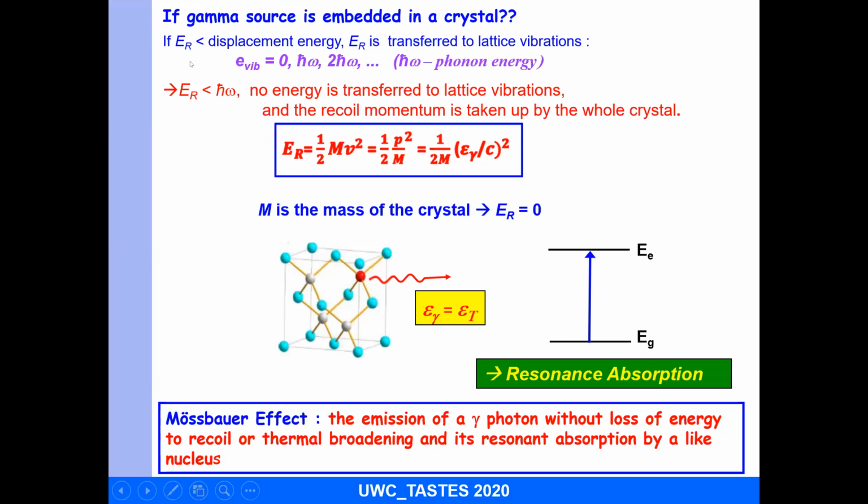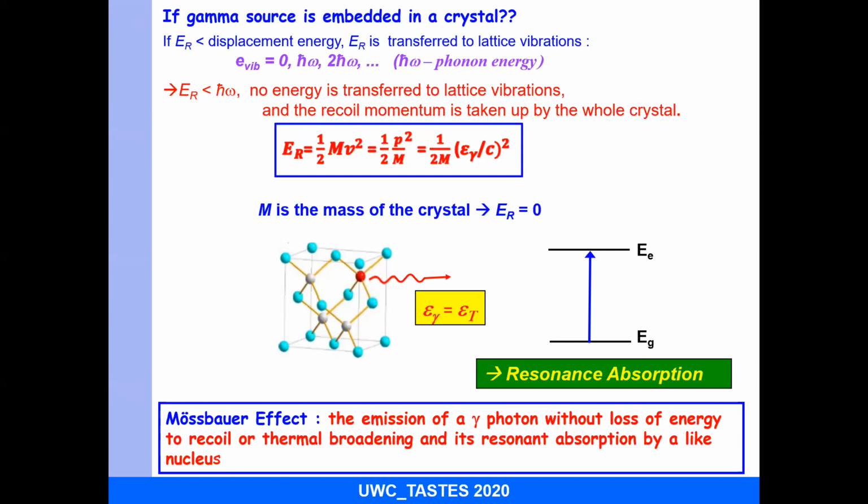Now, if the gamma source is embedded in a crystal, then the energy goes into lattice vibrations induced in the crystal. But in those cases, a small number, but an important number, of cases where the recoil energy is less than h bar omega, no energy is transferred to the lattice vibrations.